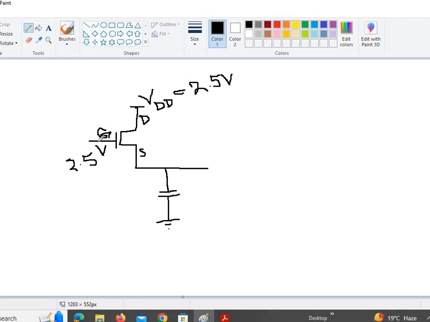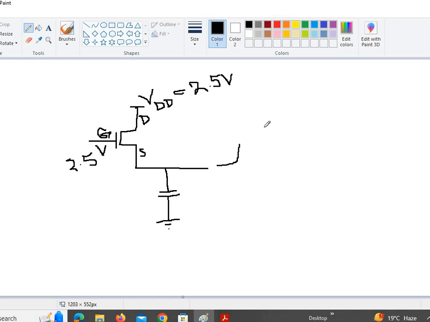Assume this is 2.2 volts. Then VGS becomes 2.5 minus 2.2 equal to 0.3. So the NMOS, since its threshold voltage is around 0.4 volts, is going to be turned off at that point. It means that we can pull the output up to 2.5 volts minus the threshold voltage of this transistor, 0.4 volts. 2.5 minus 0.4 is equal to 2.1.